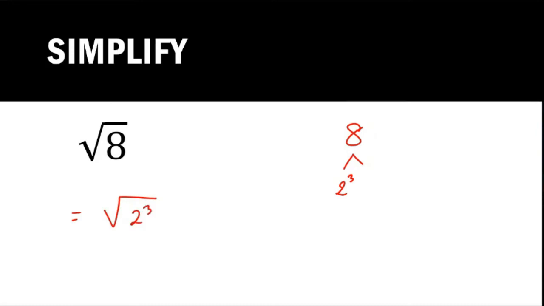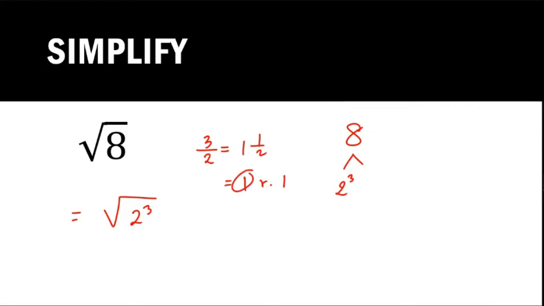In this case, you will just divide 3 by the index. If you have 3 divided by 2, that is the same as 1 and 1/2. Or if you divide 3 by 2, that is simply 1 with a remainder which is equal to 1.